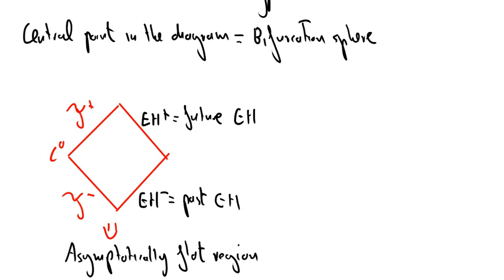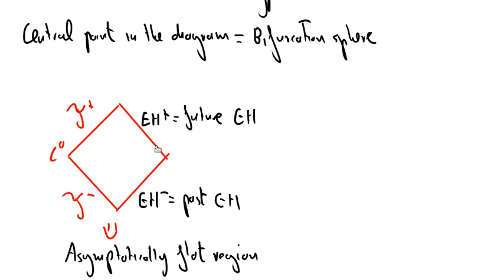Then inside here, something which we don't know about. Maybe singularities. In our case, we have singularities, but it doesn't have to be the case. It could be something else.